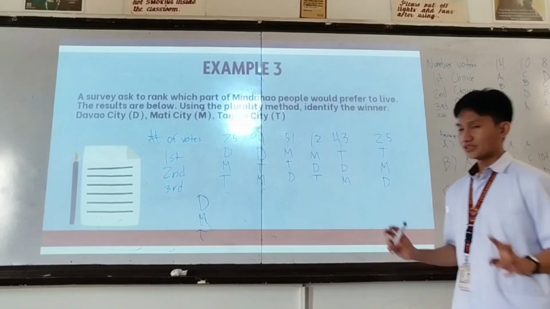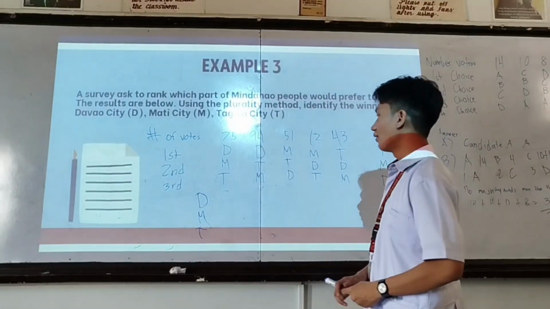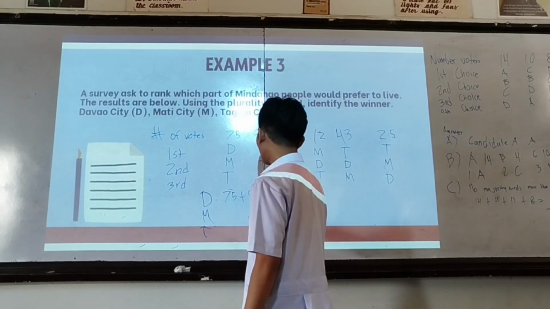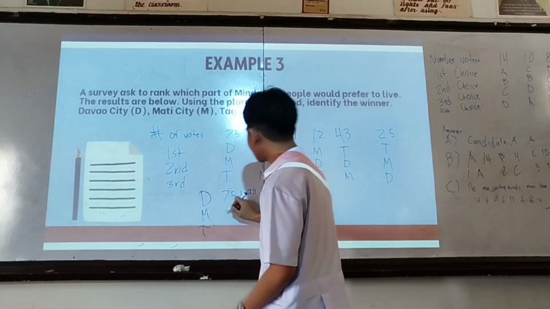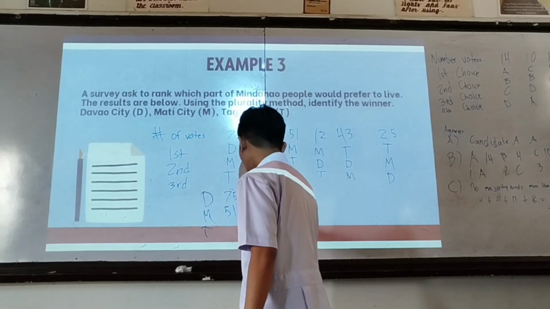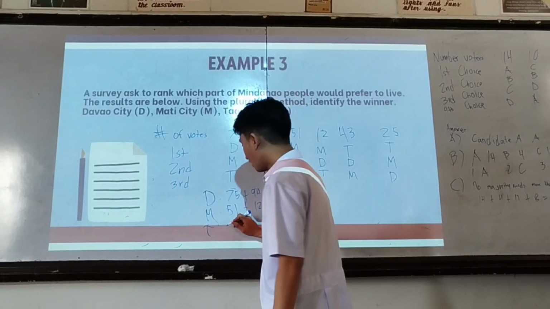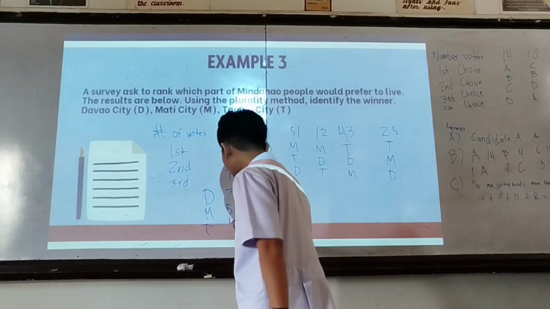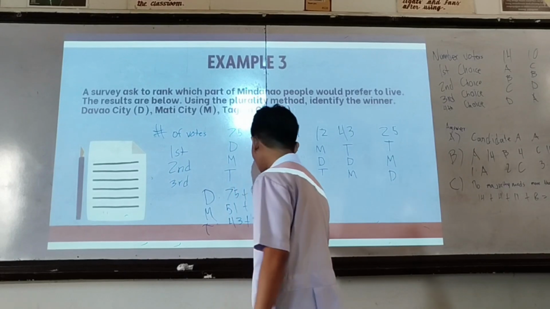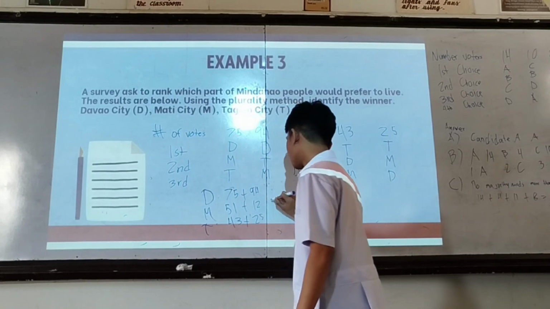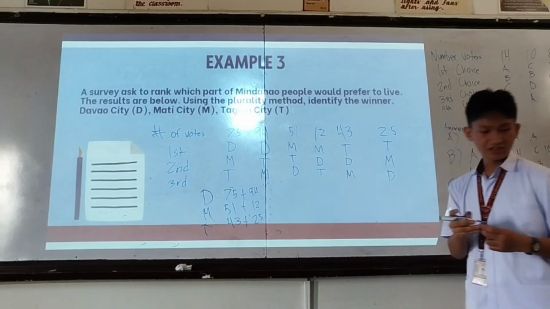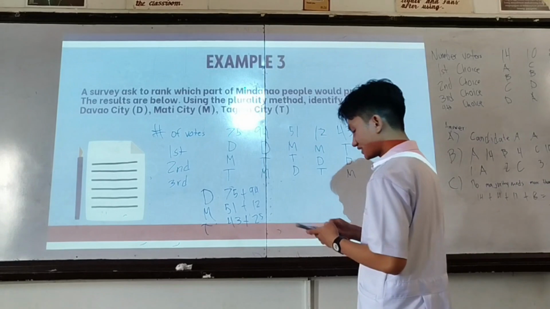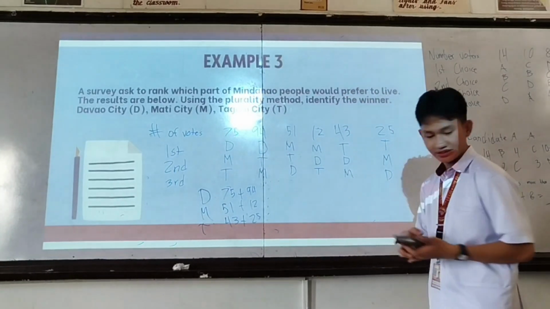Now let's determine which city people prefer to live in. Davao City appeared 2 times, 75 plus 94, while another city appeared also 2 times, which got 51 and 12. And lastly, the third city also appeared 2 times, which is 43 plus 25. Now we're going to sum each city to determine its plurality. 75 plus 94 equals 169.